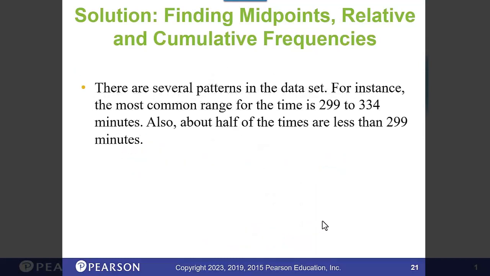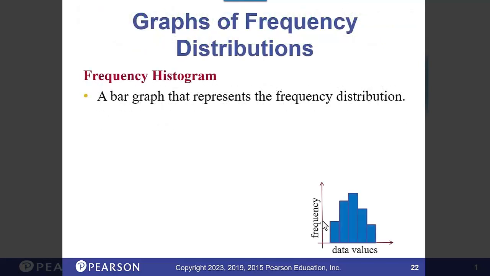Well, there are some patterns. One of the good things about creating frequency diagrams, frequency tables, is that you can look at it and your eyes and your brain tell you some things. For one thing, you can create a frequency histogram. On the bottom, you put the data values or class, and each bar will be the height it needs to be according to the y-axis.